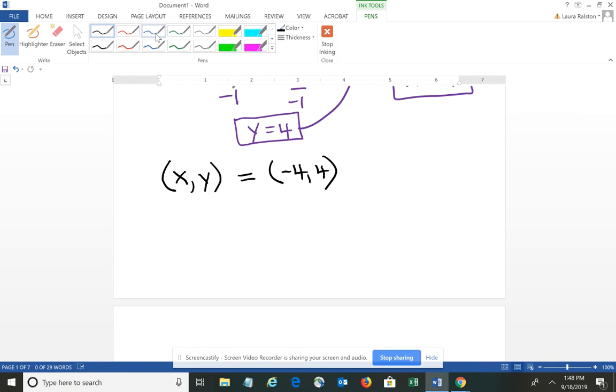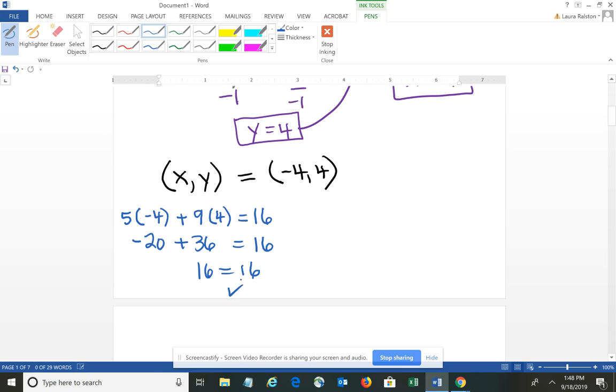For the first equation, I have 5 times -4 plus 9 times 4 equals 16. So I would have -20 plus 36. That does give me 16 equals 16, a true statement.